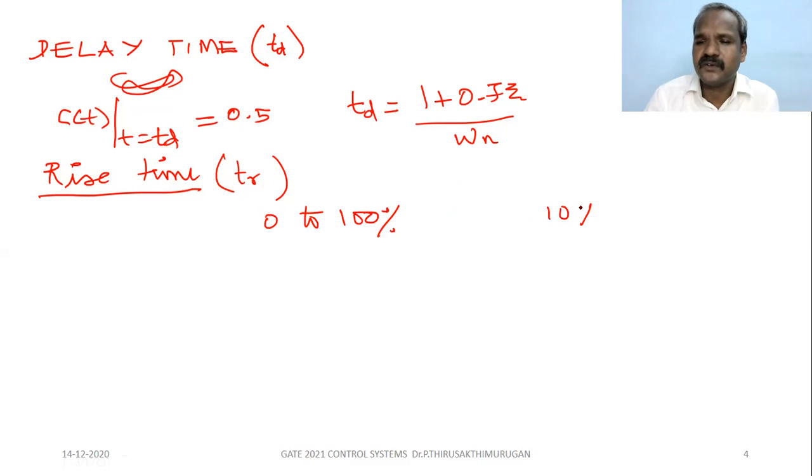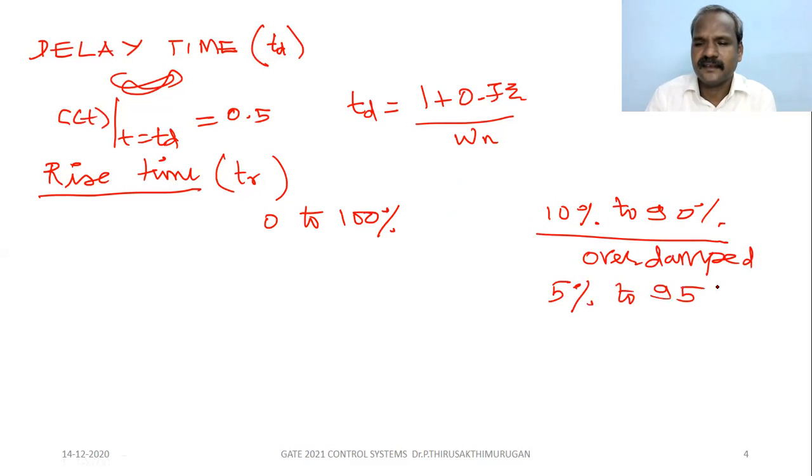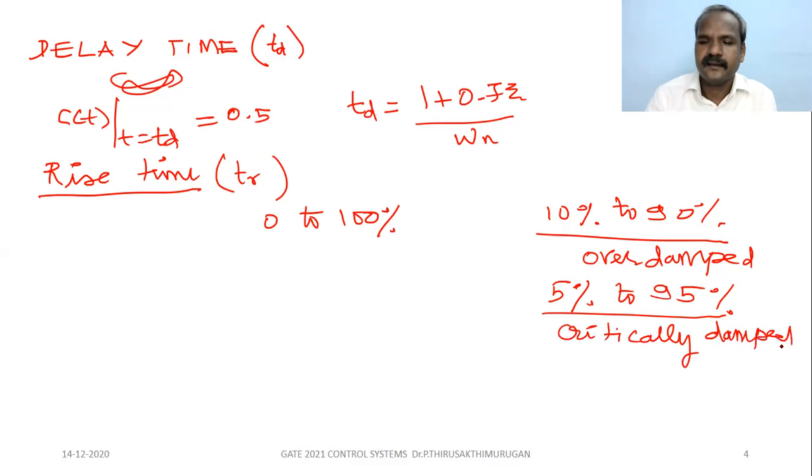In general, it is 10% to 90% for an overdamped system, where zeta is greater than 1. For a critically damped system, when zeta equal to 1, it is 5% to 95%. Clear? For an underdamped system, it is the time taken to reach from 0 to 100%.